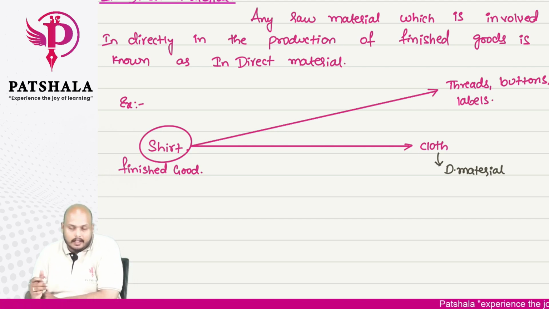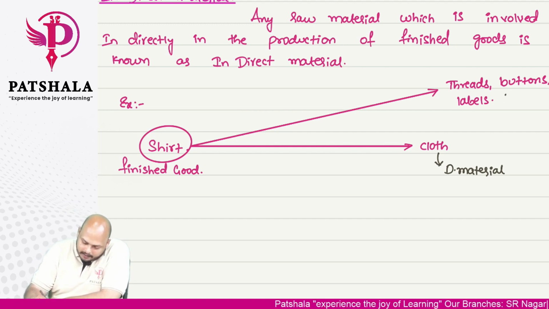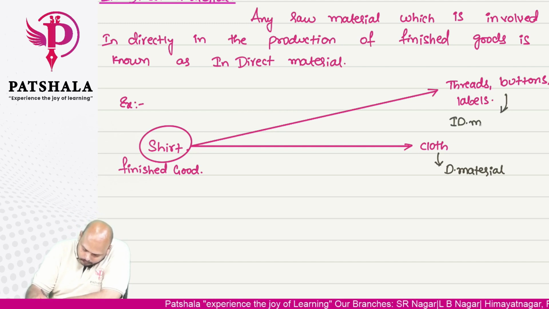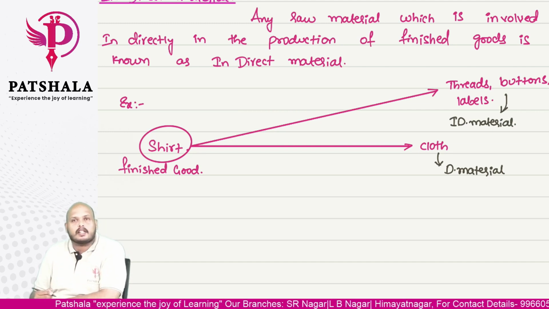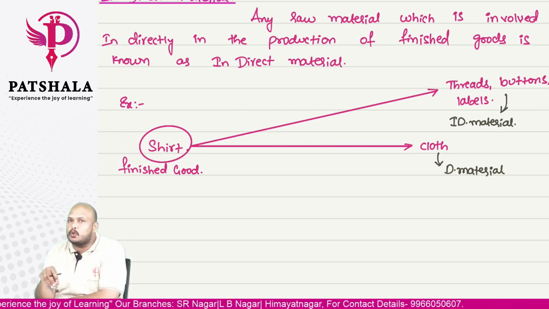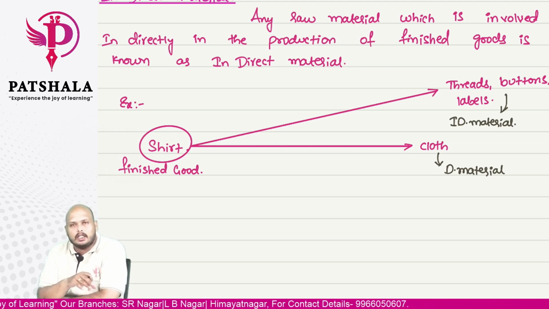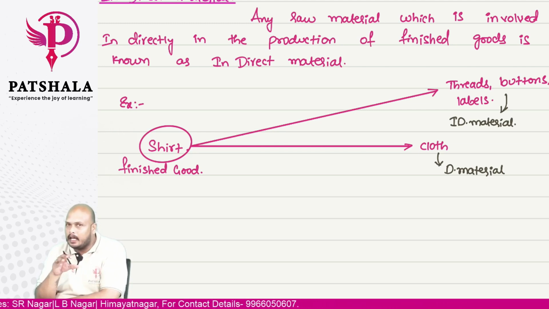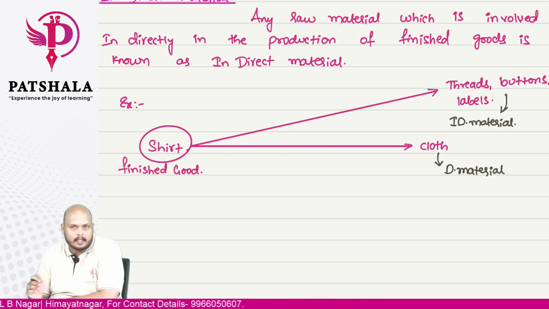The threads, buttons, and the label on the back side are classified as indirect. This is classified as which material? Indirect material. These two things together we can produce the shirt here. So this is the major classification between a direct material and indirect material.